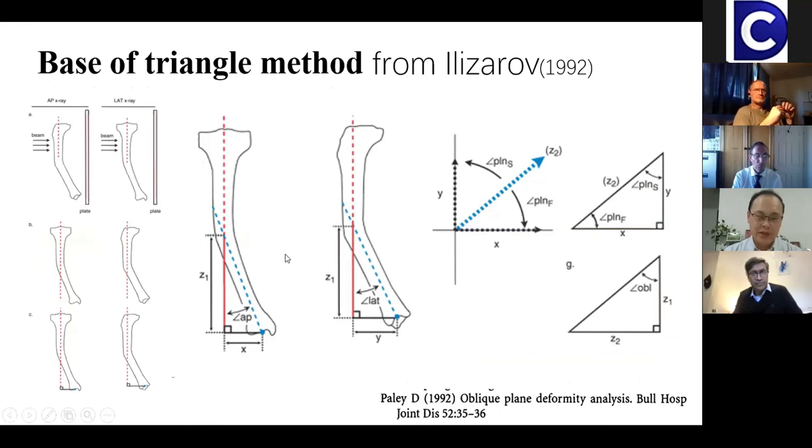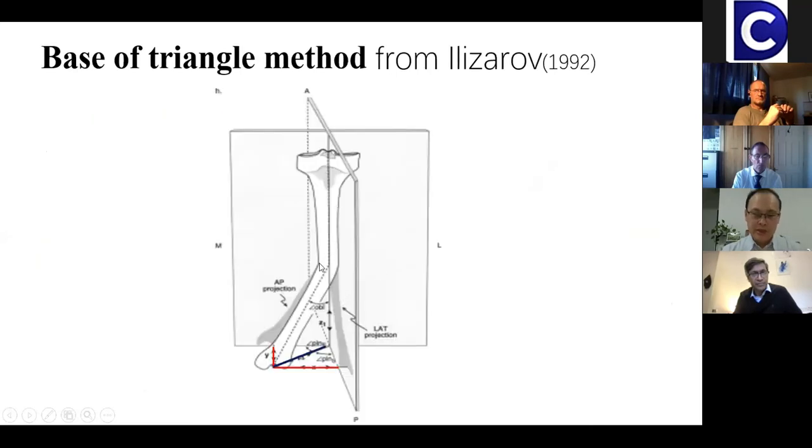In this view we can see the line and the base of the triangle, and I think this view is easy to understand. You can see the red line and the blue line. The length and the degree of the blue line give the amount of the oblique plane deformity. So this is Ilizarov's method.